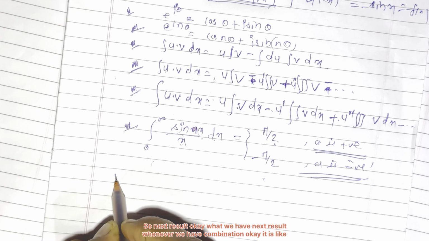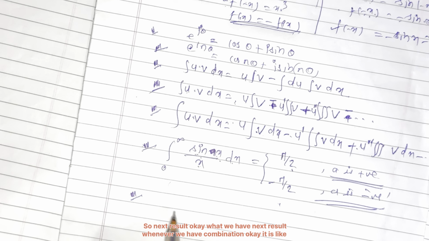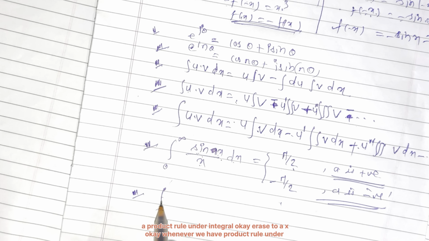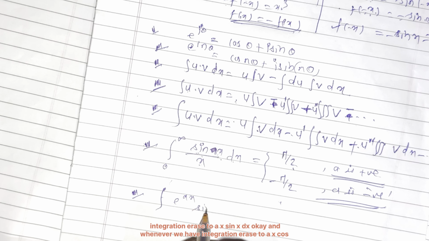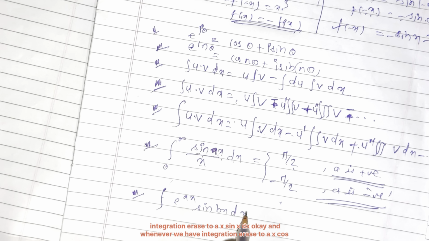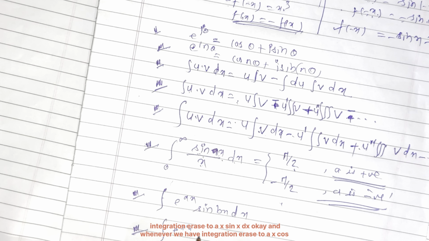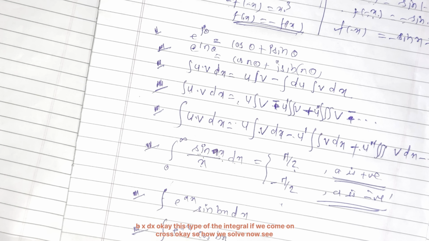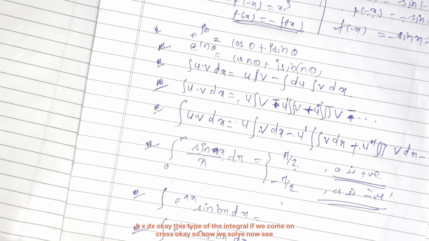The next result: whenever we have a product under integration, e raised to ax sin bx dx, and whenever we have the integration of e raised to ax cos bx dx, this type of integral, how do we solve it?